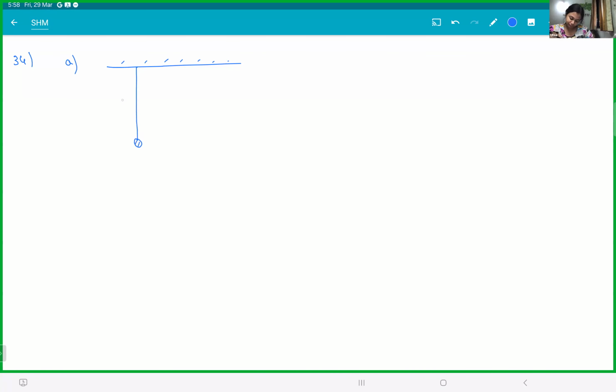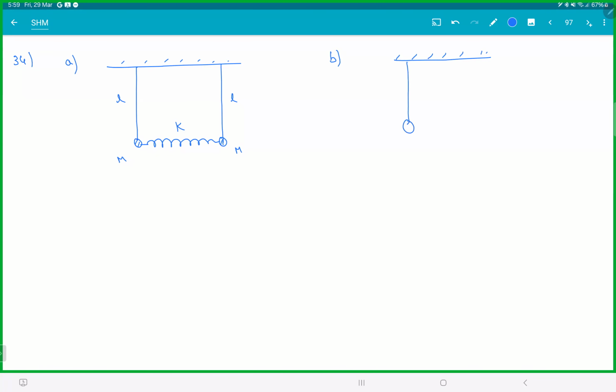So we have a pendulum here, length L, mass M. You connected a spring now. I know you guys are missing springs, right? That is there. Second part, this is even more deadly. Our favorite rubber band.